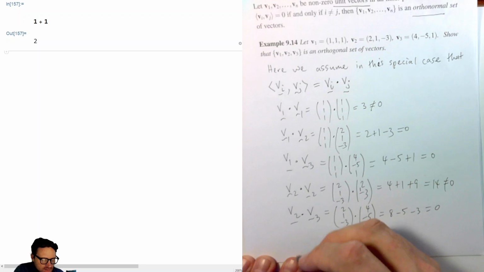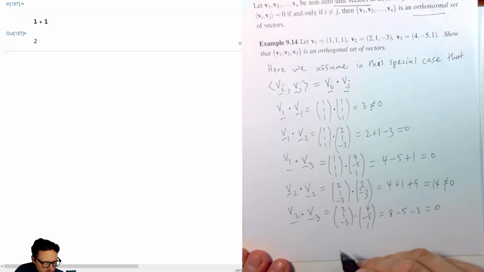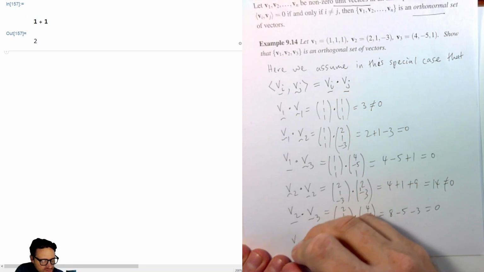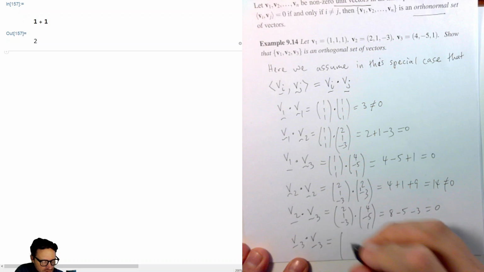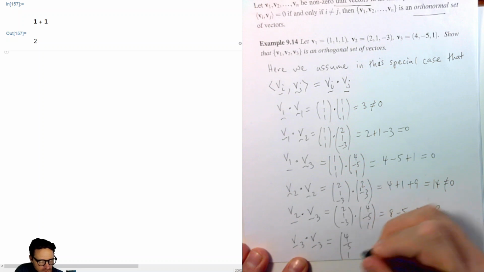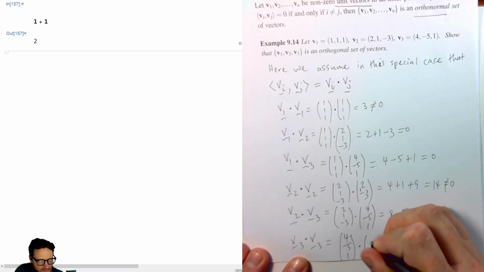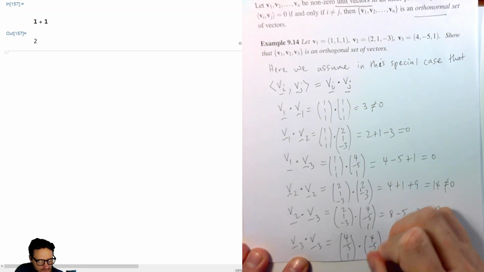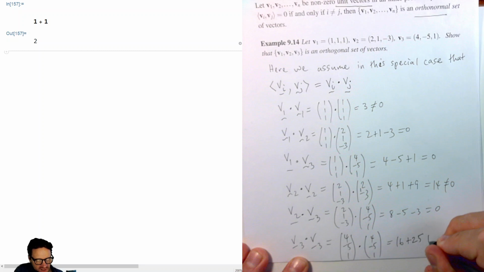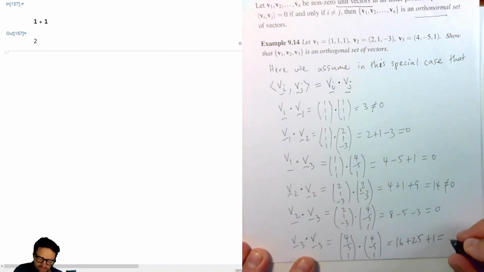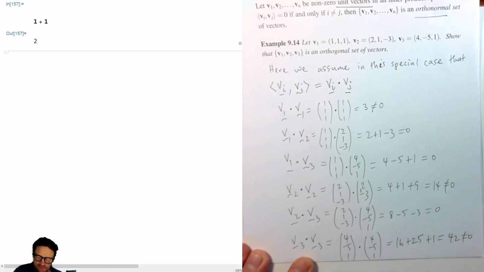The last one we have not yet taken is v3 dot v3, so 16 plus 25 plus 1, which is 42. And that's non-zero.